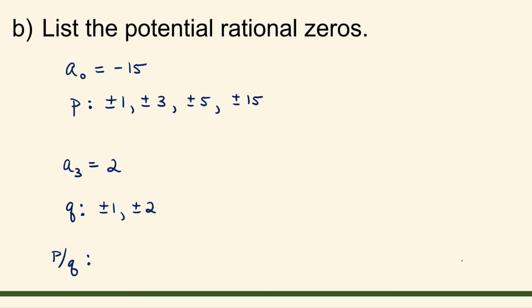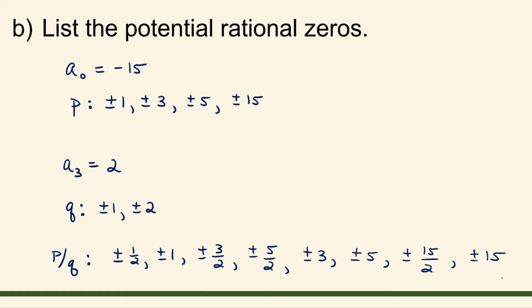We will now list all possible ratios of P over Q. From small to large, and also in lowest terms, our P over Q list includes plus or minus 1/2, plus or minus 1, plus or minus 3/2, plus or minus 5/2, plus or minus 3, plus or minus 5, plus or minus 15/2, and plus or minus 15. If function g has a rational zero, it must be one of the 16 possibilities listed.